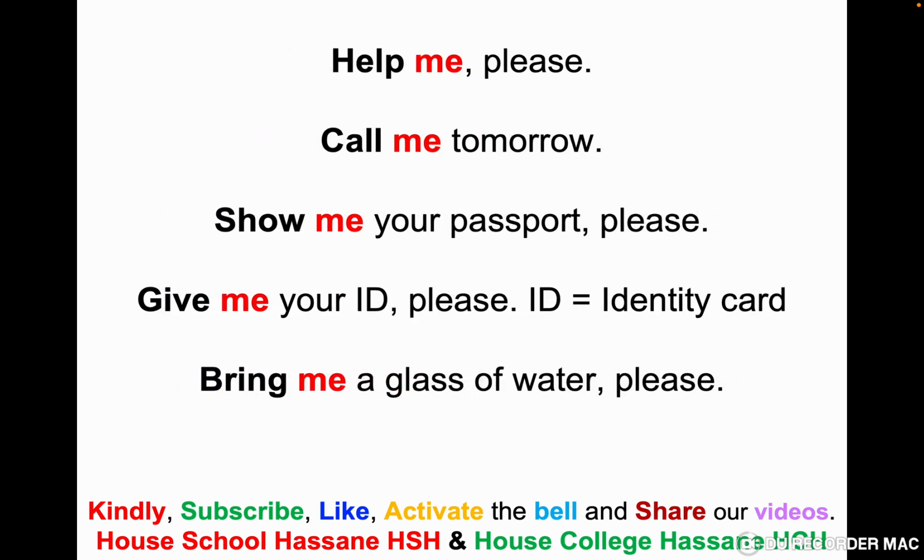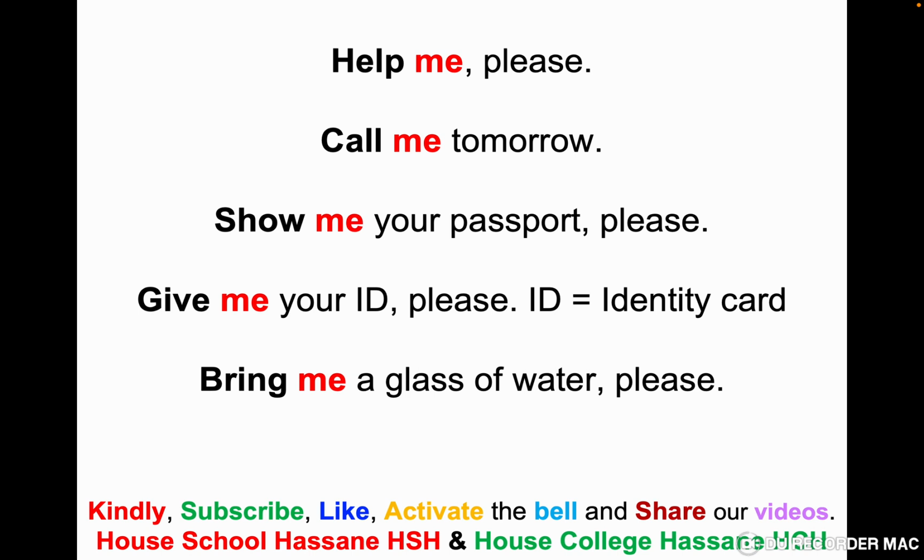So here we have all the examples in this slide. We put just me with different verbs. The first example, as we've seen, help me please. The second example, call me tomorrow. The third example, show me your passport please. The fourth example, give me your ID please.